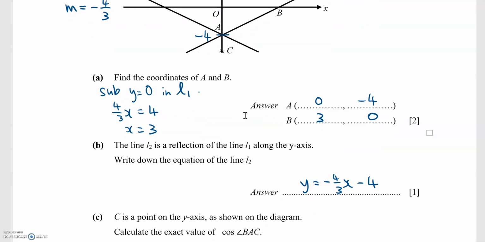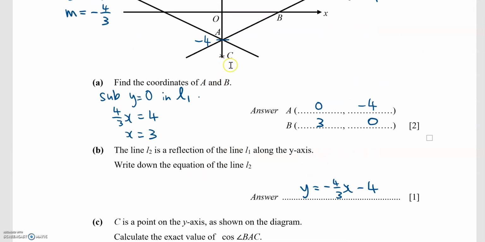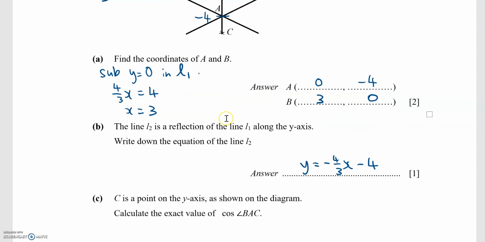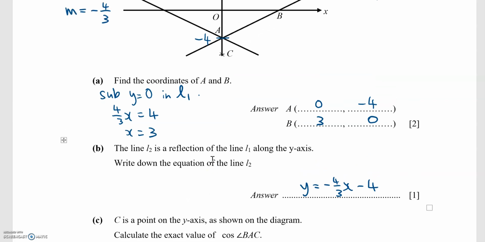For part C, they tell us that C is a point on the y-axis shown on the diagram. So C is over here on the y-axis located below the point A. They want us to find the exact value of cosine angle BAC. Let's go back to the diagram and take a look.